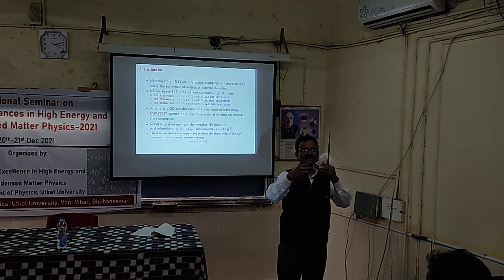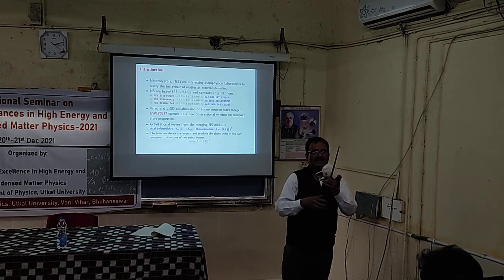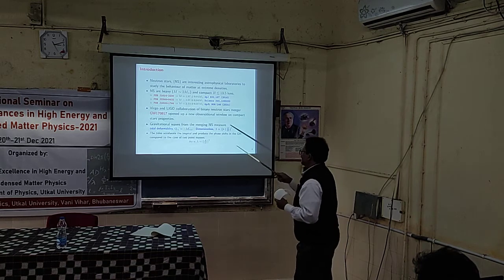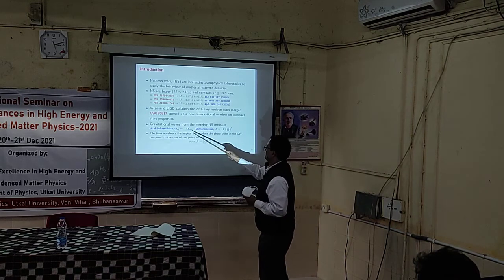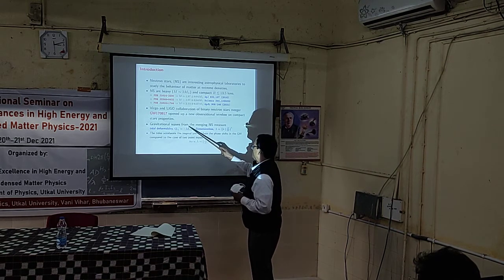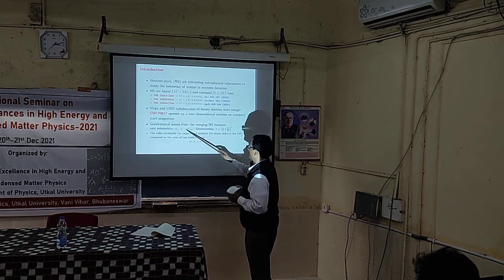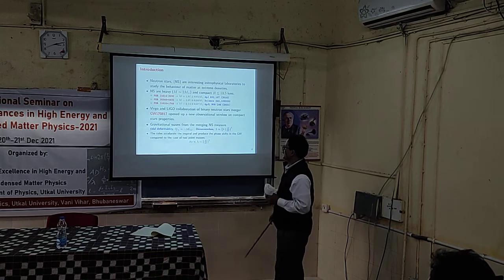There are some tidal effects that come up. And this deformability is related to the gravity field, E_ij. The proportionality constant is the tidal deformability. So lambda is the proportionality constant.